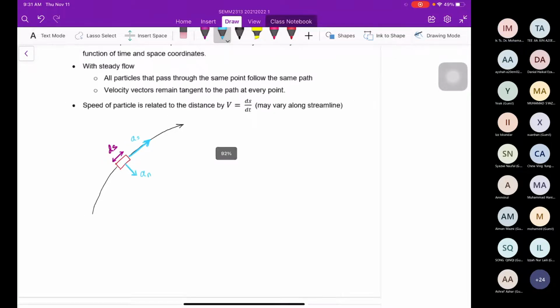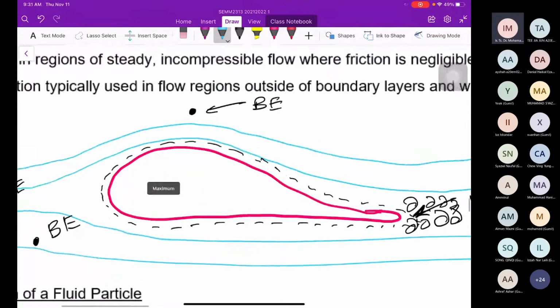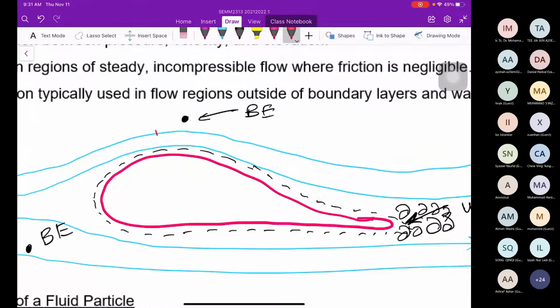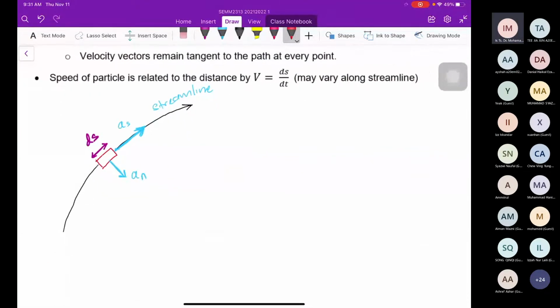So this is the streamline. For example, like this. This is like a fluid particle. It follows the streamline, and this is ds. I take it out and put it this way. So the streamline acceleration now has two parts.